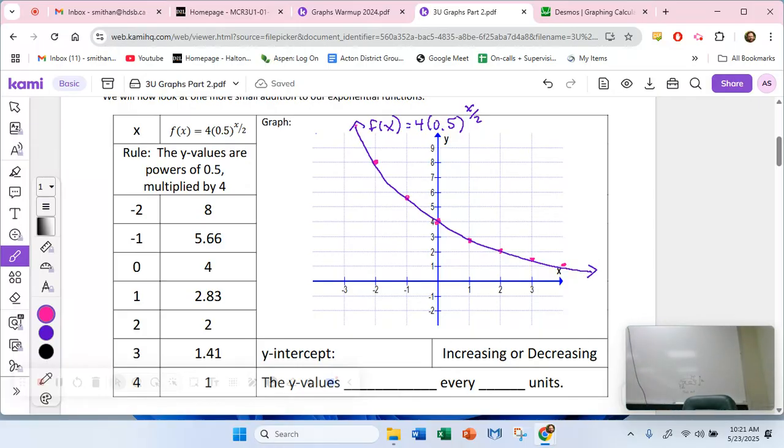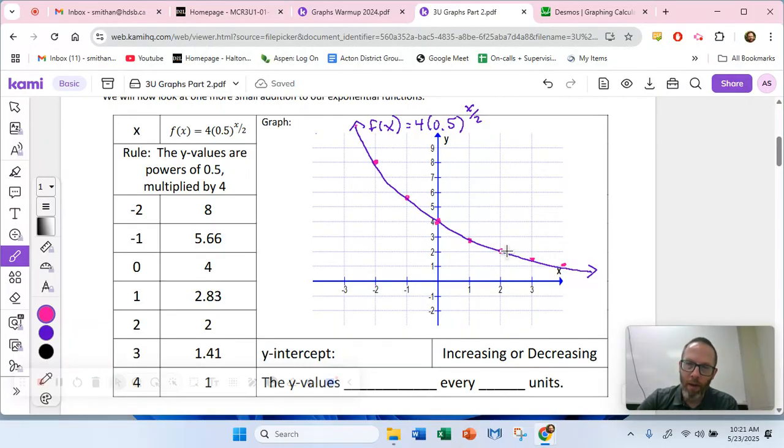So all I'm doing here is graphing what the original would look like if we didn't have the divided by 2. We've already probably graphed this one yesterday. Normally, we would start at 4, and then every unit we would divide by 2 or multiply by 0.5. So I'm going to start at 4 and graph what it would look like if we were halving every unit.